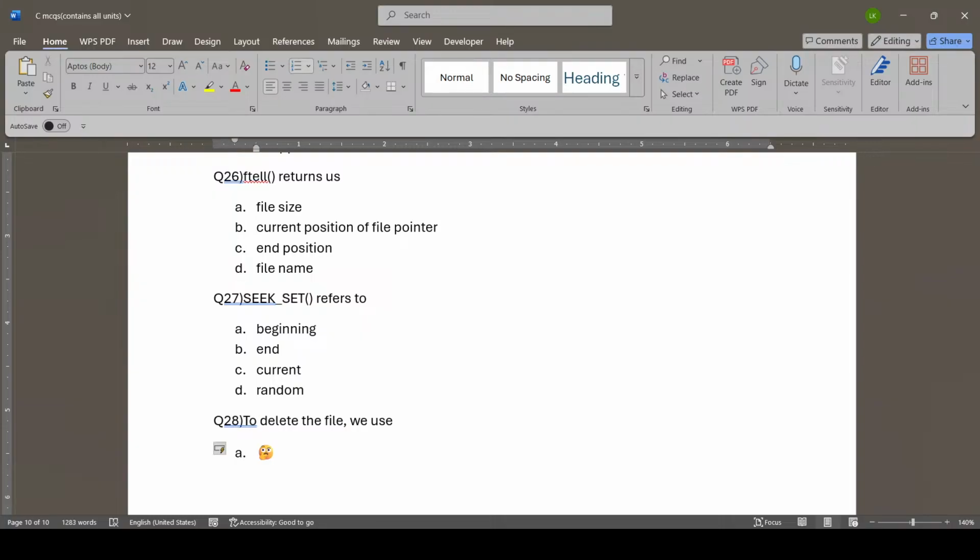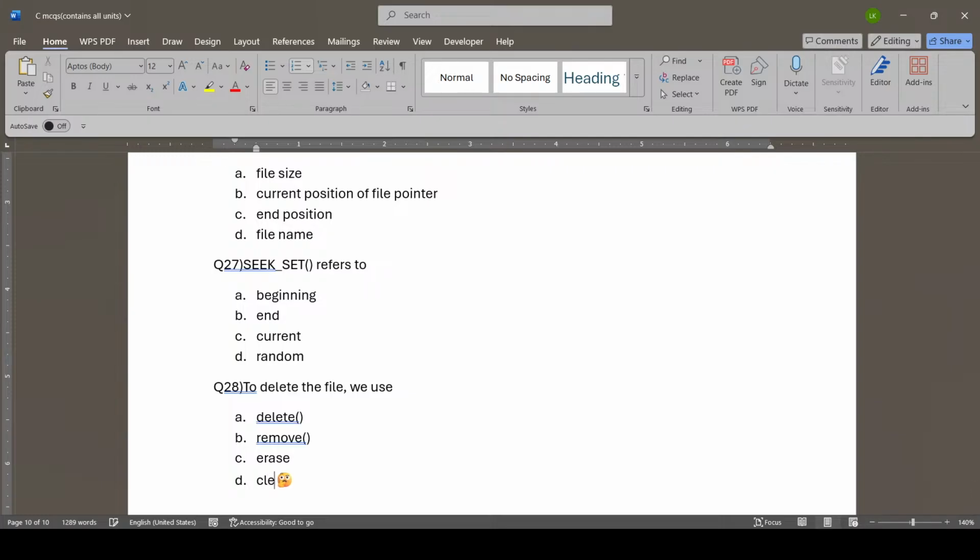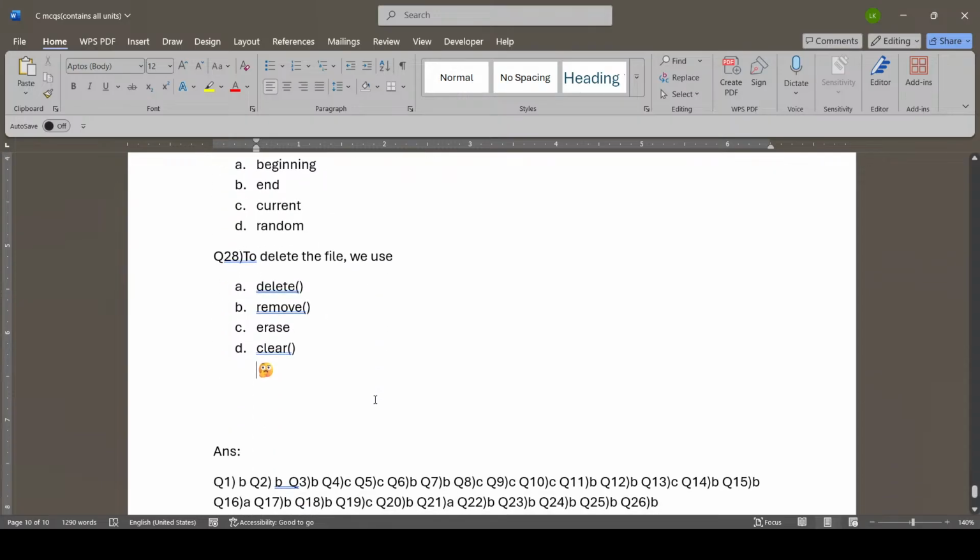First is delete, then we have remove, then we have erase, next is clear. So which one is the answer here? To delete the file, question 28. So mostly when we are going to update the data, copy the data and delete the data, we need these functions. Means deletion of file. Which one is the function to delete the file? It is remove. So remove is used.